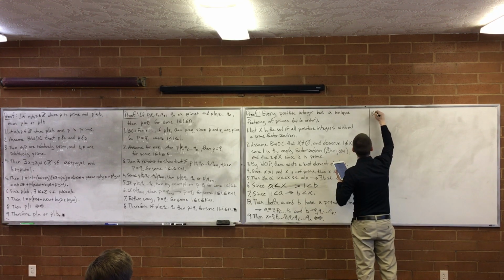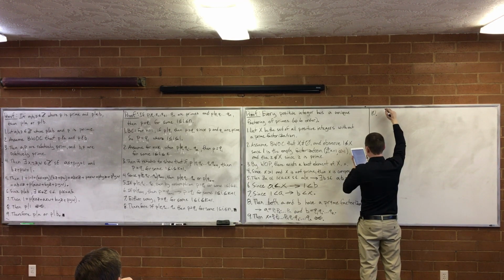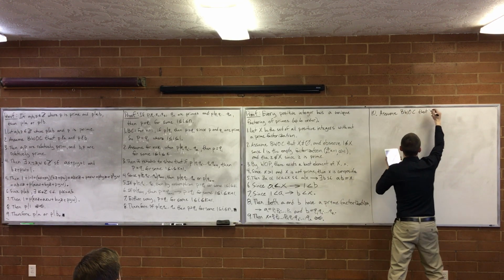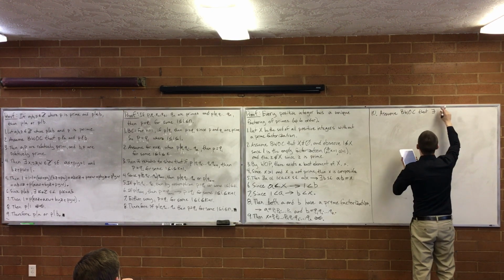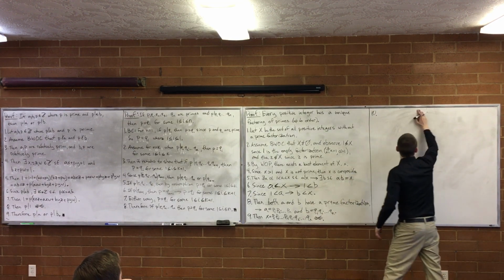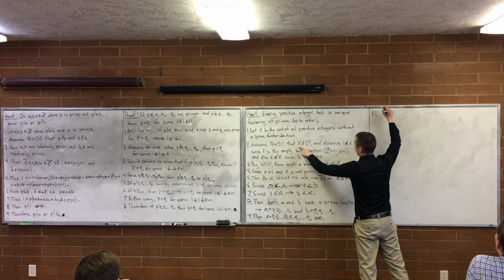So, where are we? So now, assume by way of contradiction that there exists... we're going to have to use the least element. So let's start by setting up our set. We'll use y since we used x here.